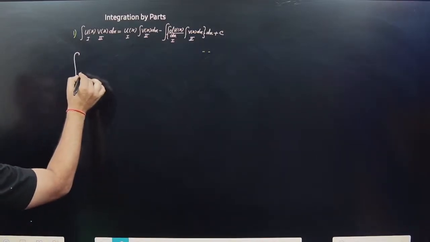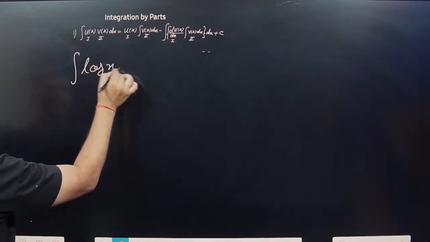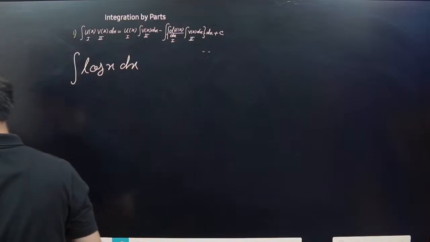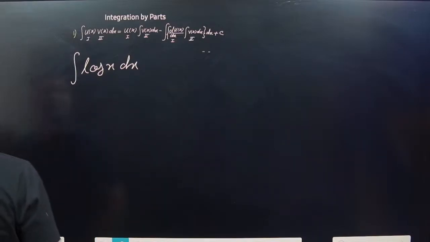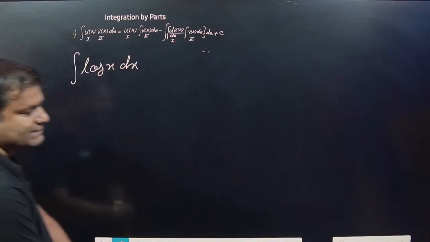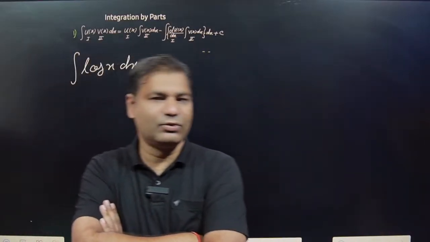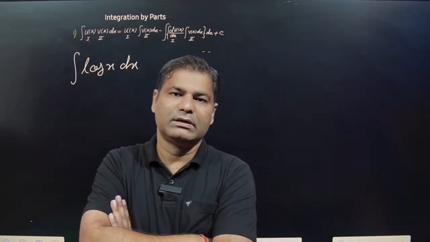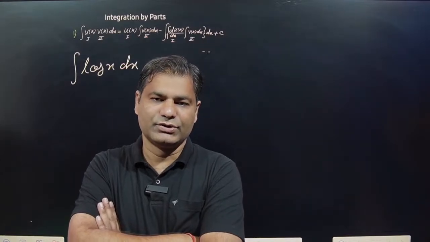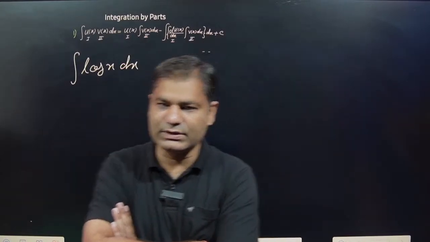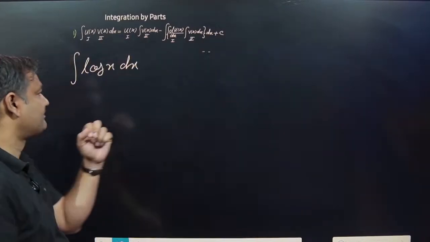How can we solve a log of x dx type problem? Question: integration of log x dx. How can we solve it? Simply, I don't know the integration of log x, so we solve it with this procedure.